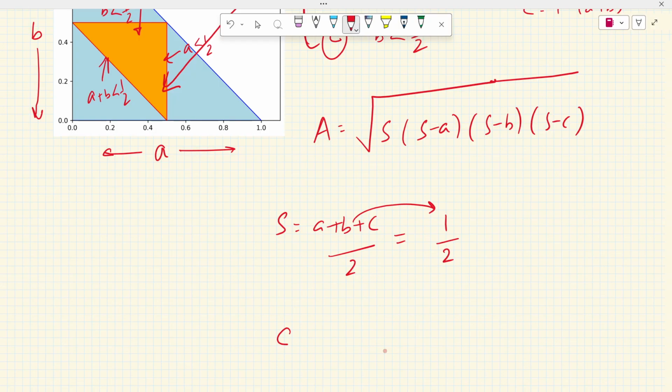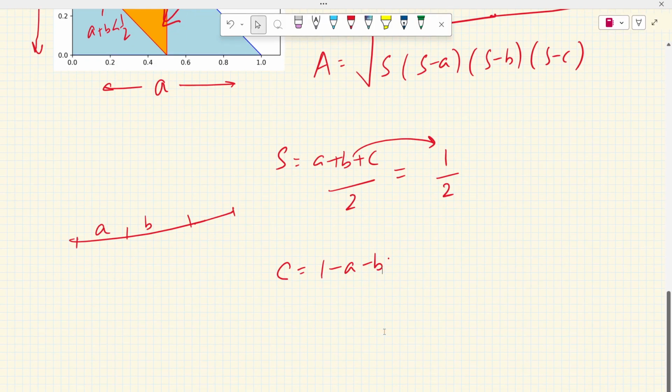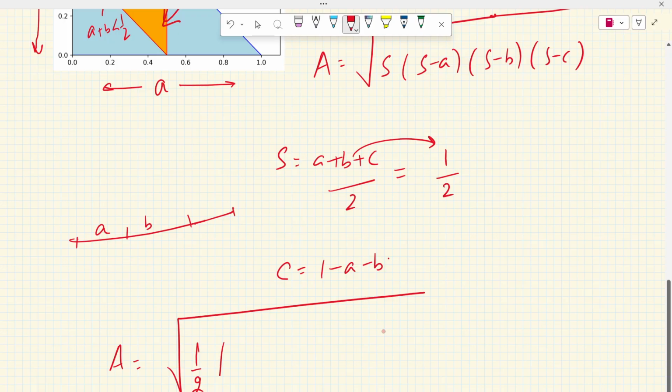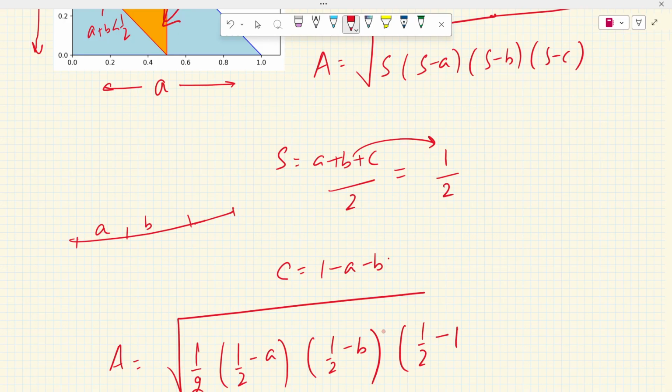And when we break the unit stick into three parts, the third part, because the whole length is 1, c becomes 1 minus a minus b. So if we substitute this inside Heron's formula, we will end up with this: 1/2 minus 1 plus a plus b.